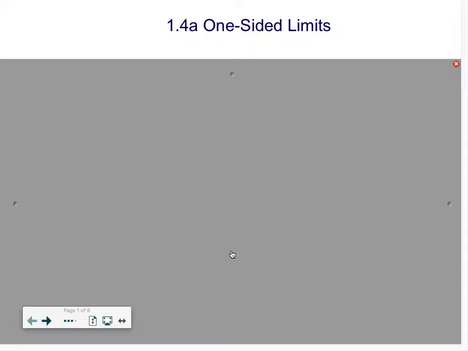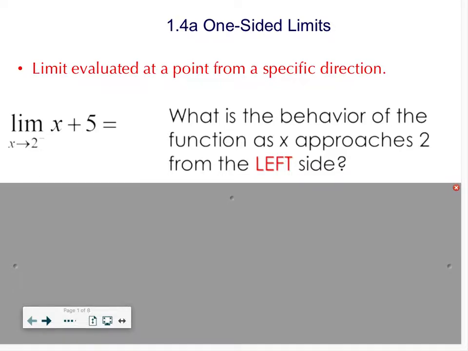Okay? So the biggest thing about today is the notation. Do you see how there's this little negative superscript right here? That means we're approaching 2 from the left side. Okay? So if you have a little negative superscript, that's asking you to approach that x value only from the left side.